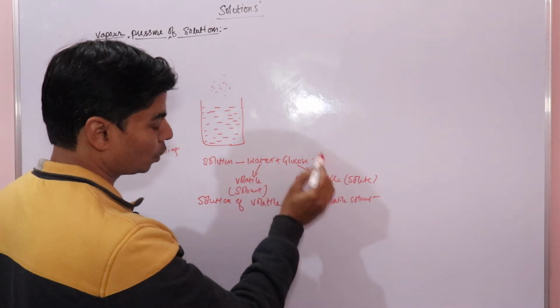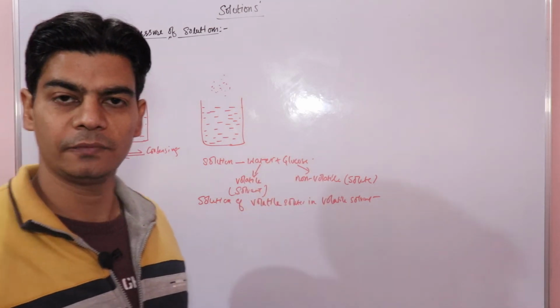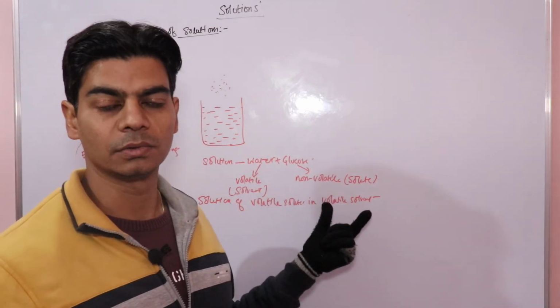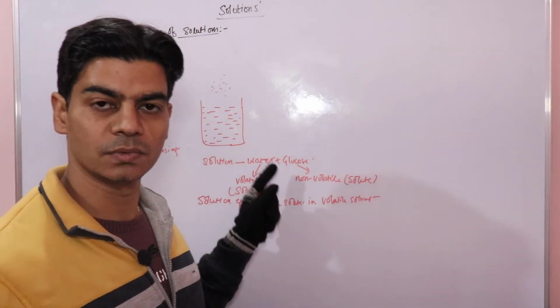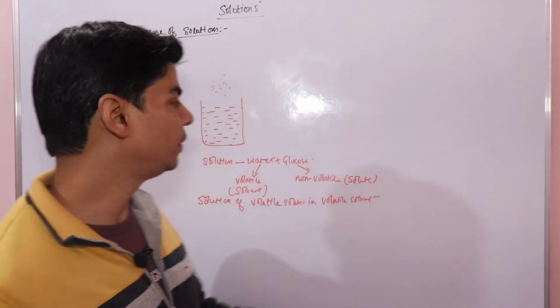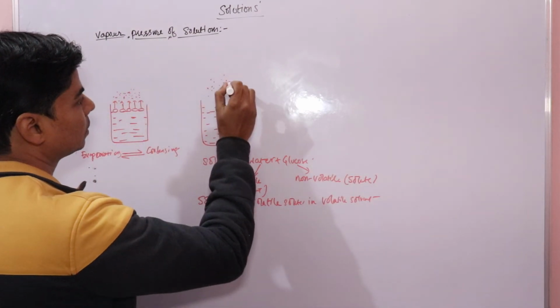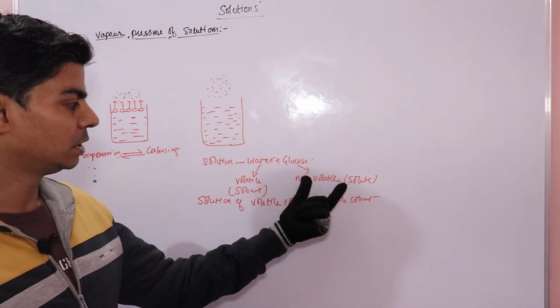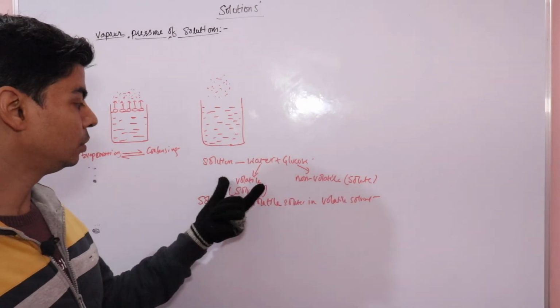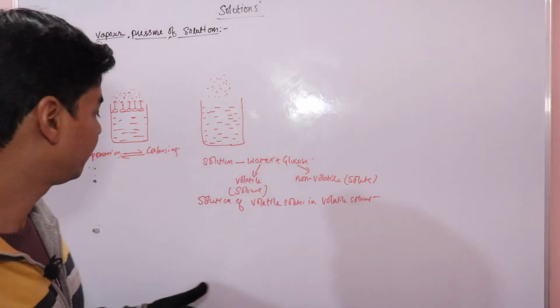Why? Because glucose, the solute that we have taken, is non-volatile, so it will not contribute to the vapor pressure. Only the solvent, which is water, will contribute to the vapor pressure. But what is the effect of adding this non-volatile solute to this volatile solvent?